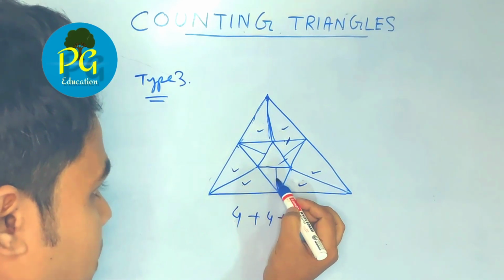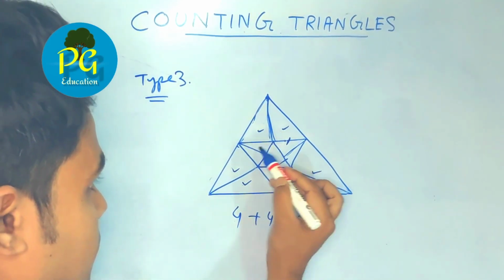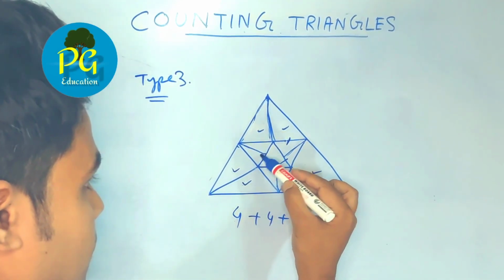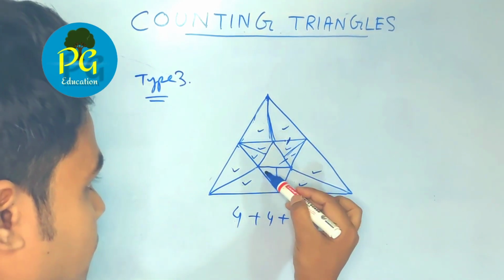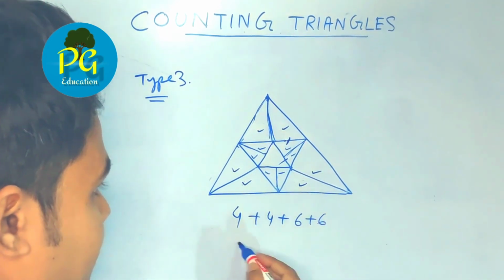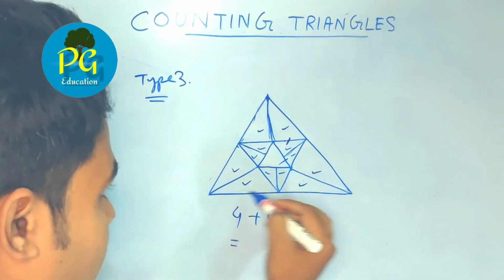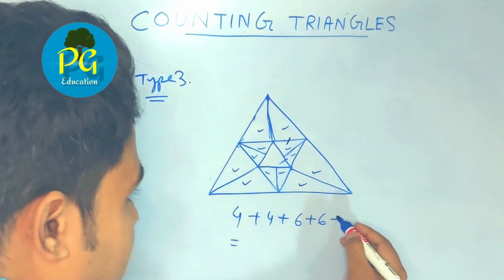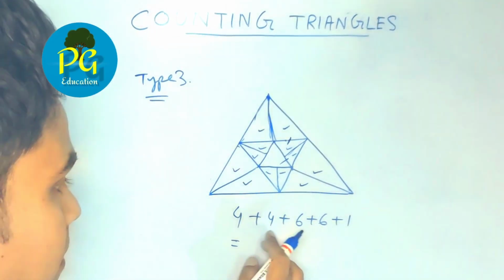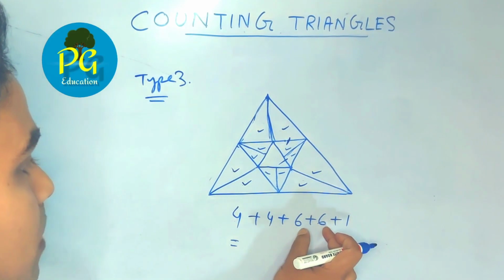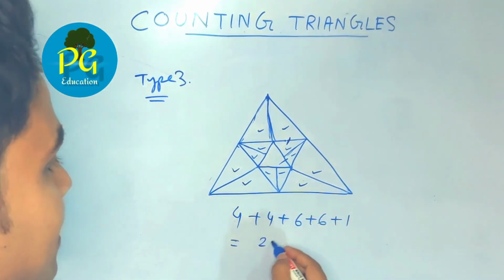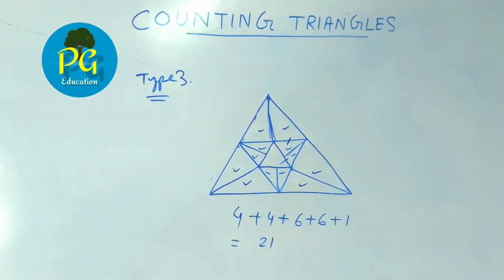For this partition line we get 1, 2, 3, 4, 5, 6. And for the outer triangle another 1. So how many triangles are there? 6 plus 6, 12, 12 plus 8, 20, 21, that means total 21 triangles are there. Very interesting guys.